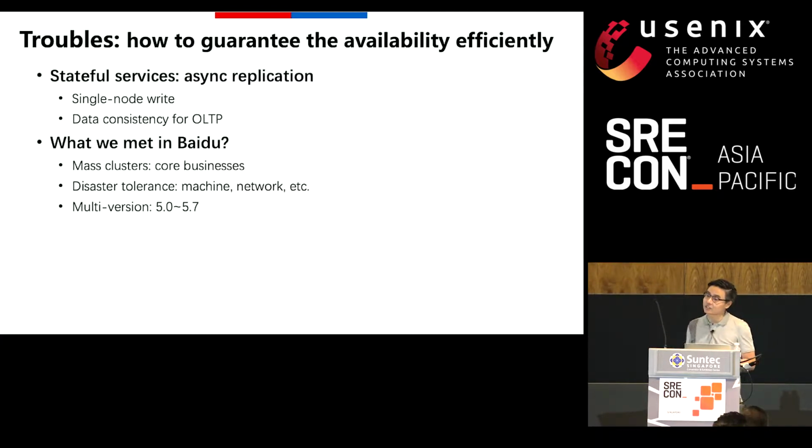So what challenges did we meet in Baidu when using MySQL? We had mass clusters covering the core business, so the HA solution needs to be accurate enough. And the database is deployed in over 10 data centers and multiple regions, so the HA solution should be able to support concurrent recovery if an IDC or data center fails.